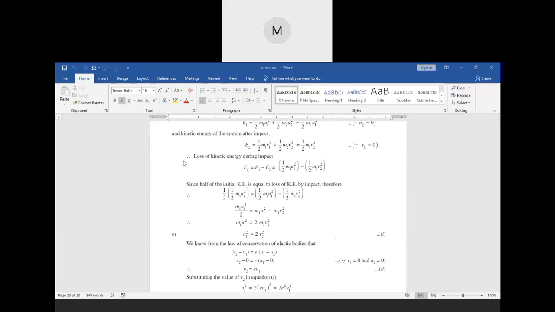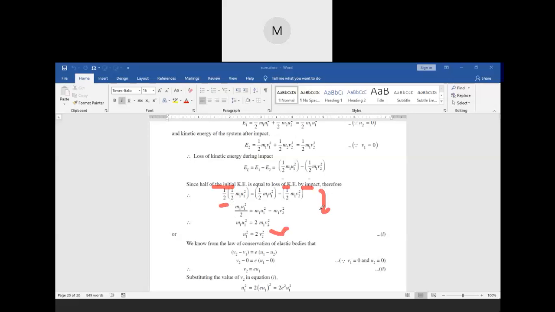So since half of the initial kinetic energy is lost by the impact, therefore half of m1 u1 square. Why half of m1 u1 square? Because this is the initial kinetic energy. So half of m1 u1 square equals half of m1 u1 square minus half of m1 v2 square. Now you just compute these two equations and you will get u1 square equal to 2 v2 square.